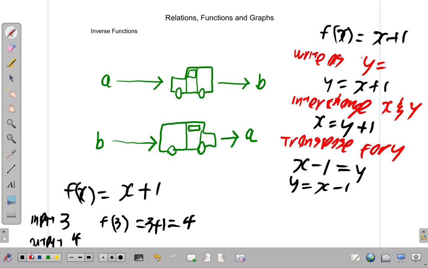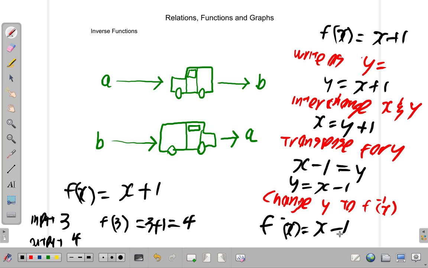Then the next thing is to change the y to f inverse of x. So you change y to f inverse of x. So what you will have is f inverse of x is equal to x minus 1.